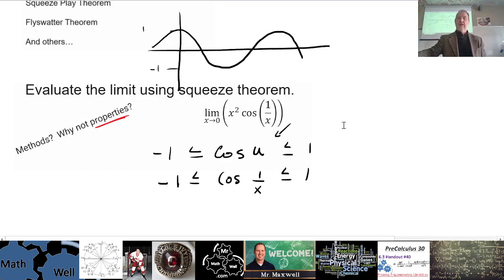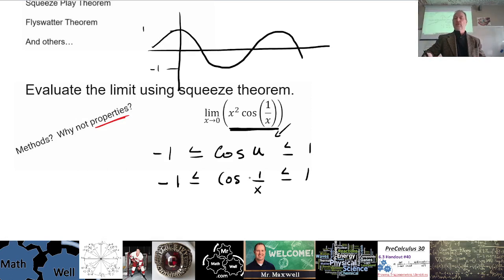That's great. What we're doing is we're starting to build this function inside here. And what we need to do now is multiply by x squared to get this larger function inside. With inequalities, there are some properties that you need to remember. You can add or subtract anything on the ends, but you have to add and subtract the same thing in the middle. You can multiply, you can divide.